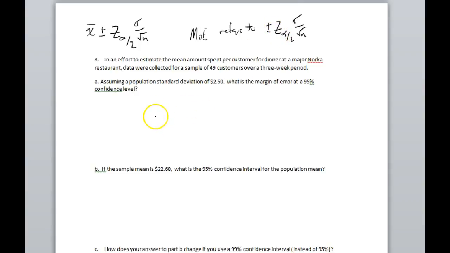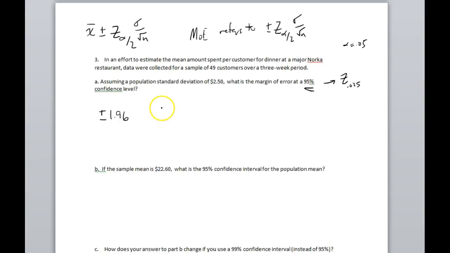So in order to calculate that margin of error, we have a 95% confidence interval. We know that the z that corresponds to that is 1.96 because we just found that. So that's our z of alpha half. This would be equivalent to plus or minus z of 0.025 because alpha is 0.05. So alpha half, 0.025.